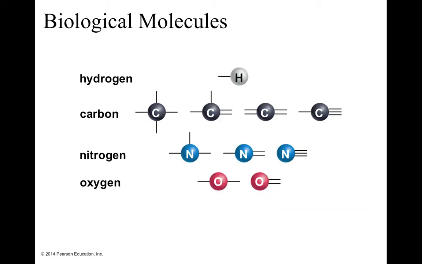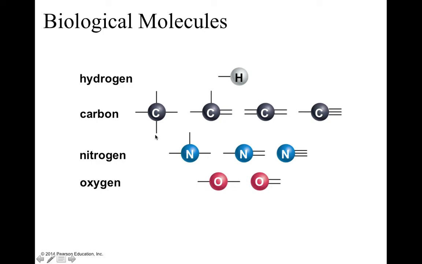So just to show you how carbon is unique compared to the other atoms in terms of versatility, carbon here is able to have 4 separate sets of bonds, whereas hydrogen is only able to have 1. Nitrogen, for reference, is able to have 3. That allows it to make either 3 single bonds, or a single and a double, or 1 triple bond. Oxygen is a little bit more restricted. It can make 2, so it can make 2 single bonds, or 1 double bond.